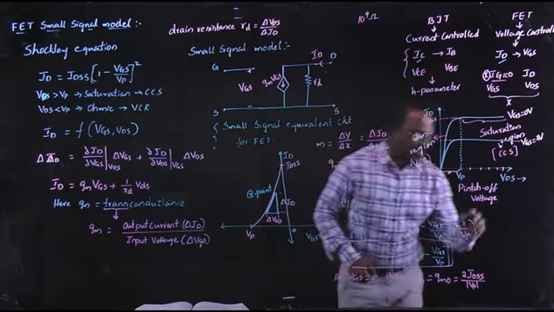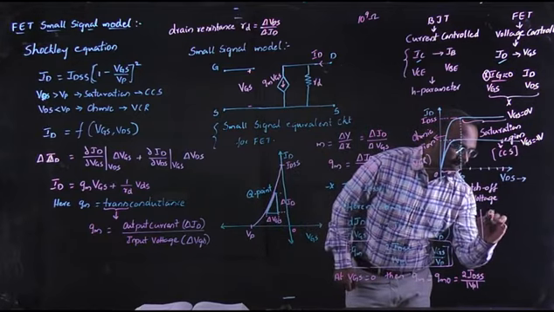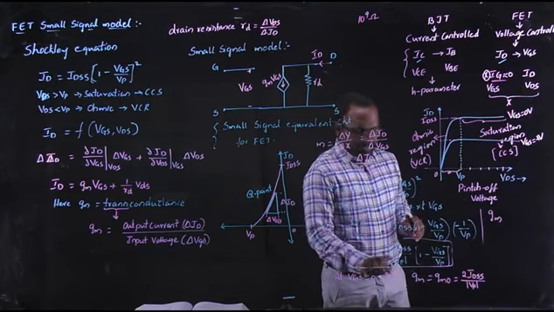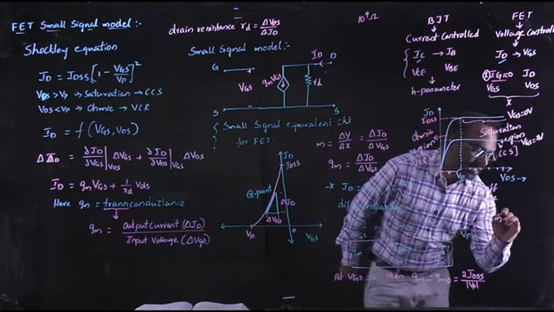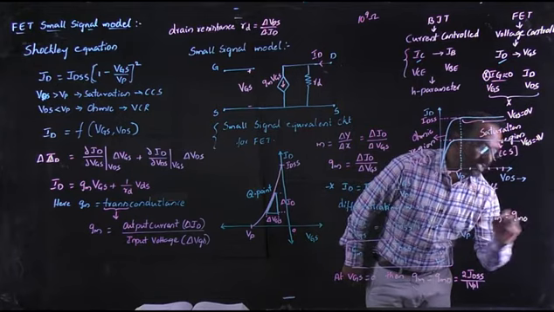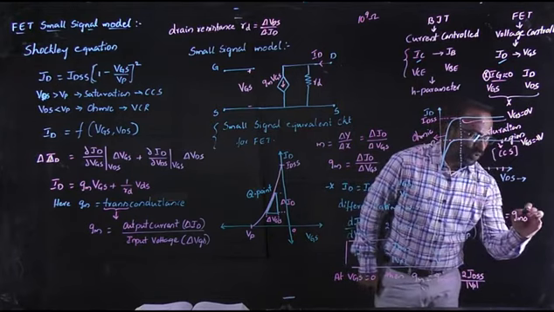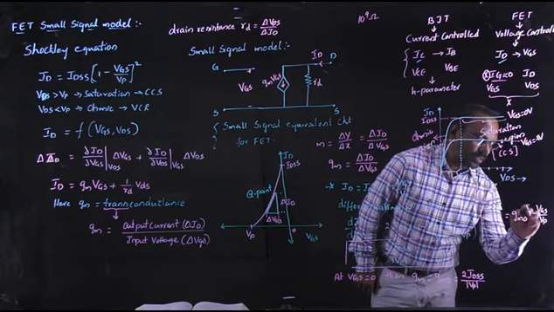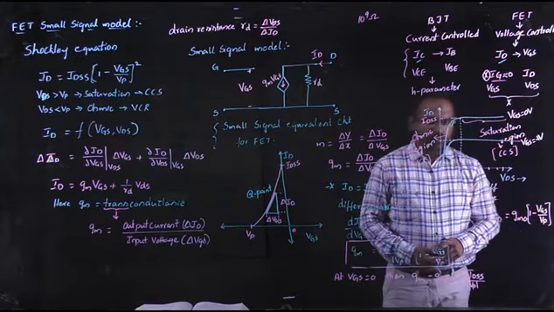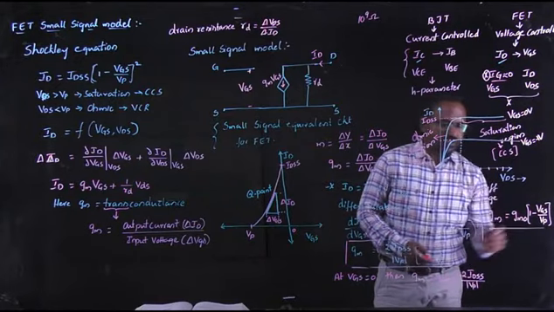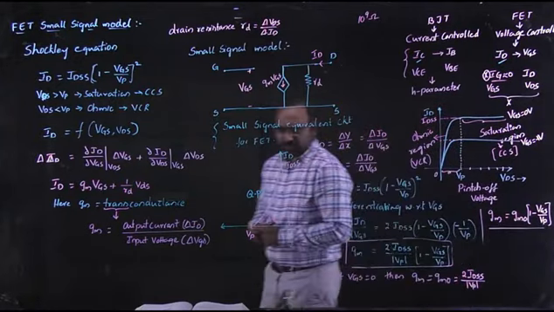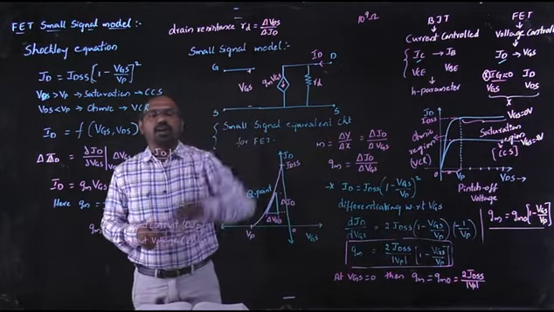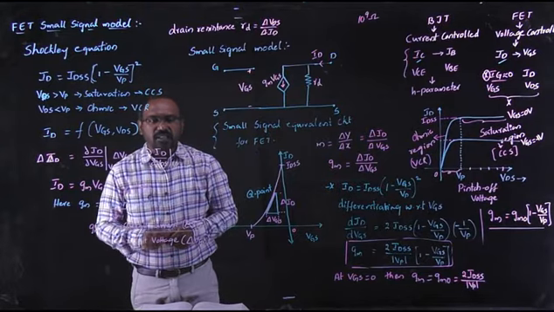So once again, gm is 2 IDSS by mod VP, which is nothing but gm naught. So I can write gm is equal to gm naught into (1 minus VGS by VP). This is the expression for the transconductance, and this is the small signal model of the field effect transistor.